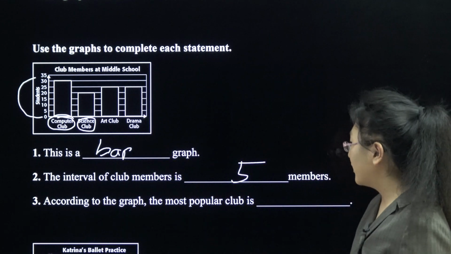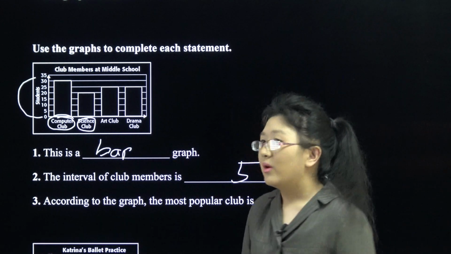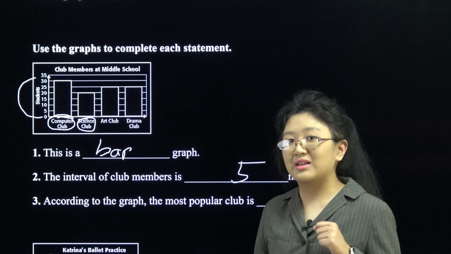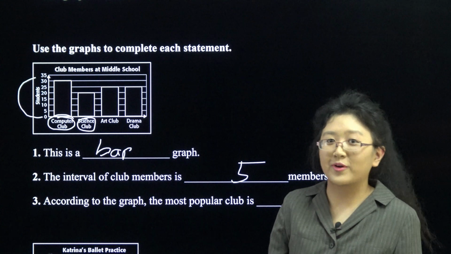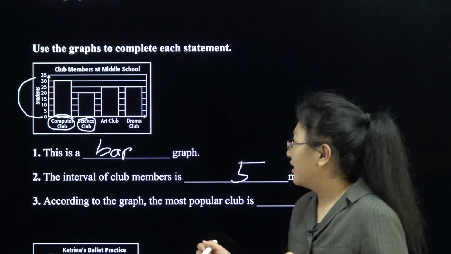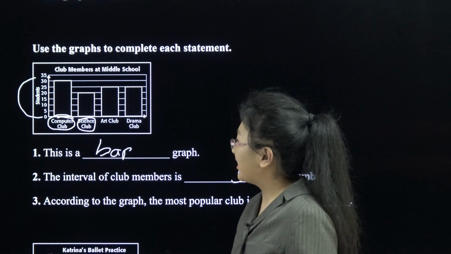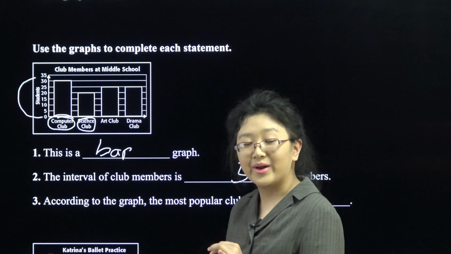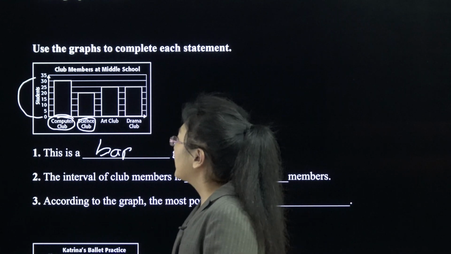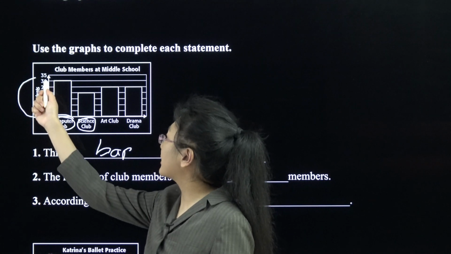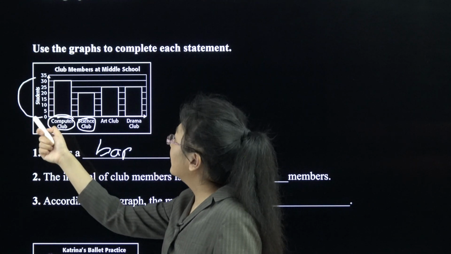According to the graph, the most popular club is, well, for bar graphs, the best thing about it is that the most popular and the least popular are usually pretty obvious because it's literally the highest and the lowest bar. So the most popular club would be the highest bar because that means that the most people attend it.